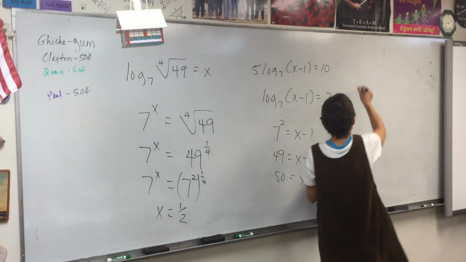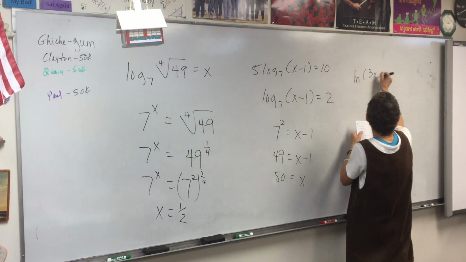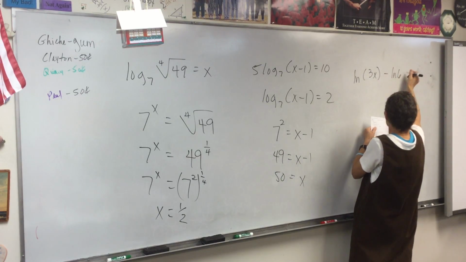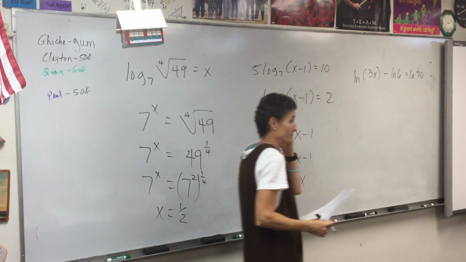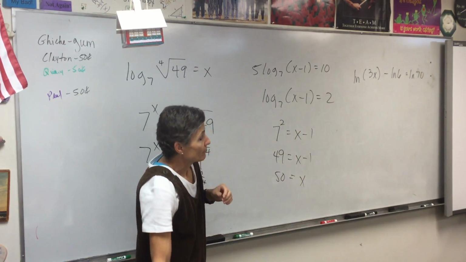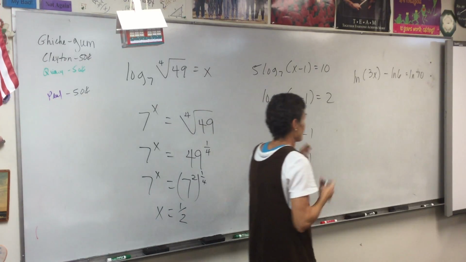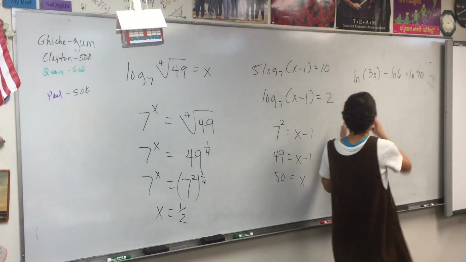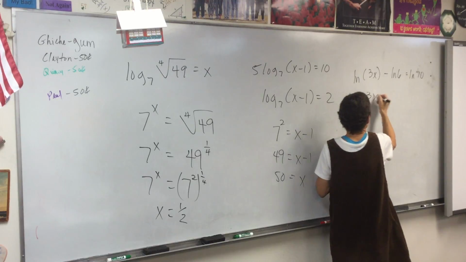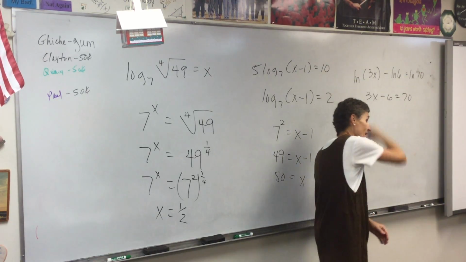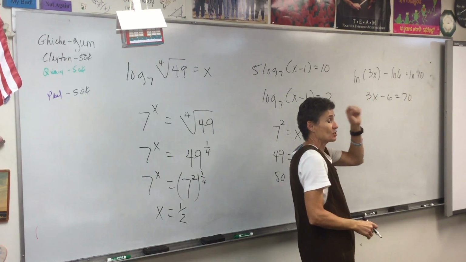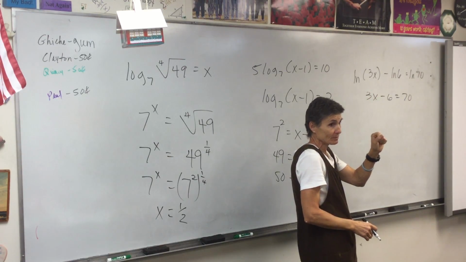All right, what about C? What's the issue here? Yeah, somebody in this room will drop out all the logarithms and say 3x minus 6 equals 70. And of course, I'll get out my pen and draw a big X and say, ah, because you can't do that.